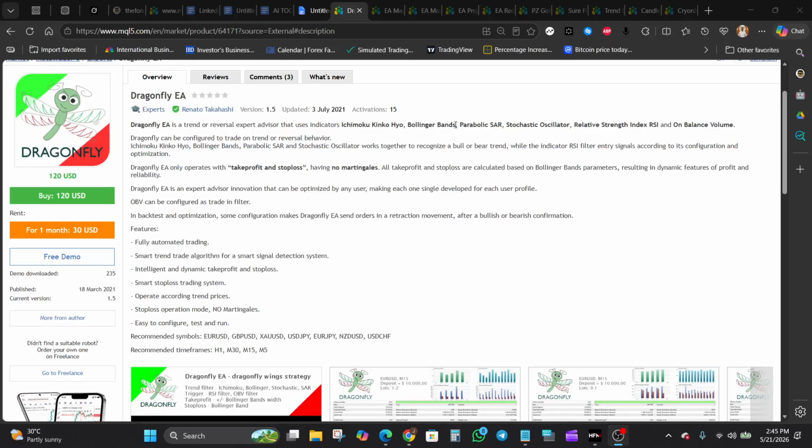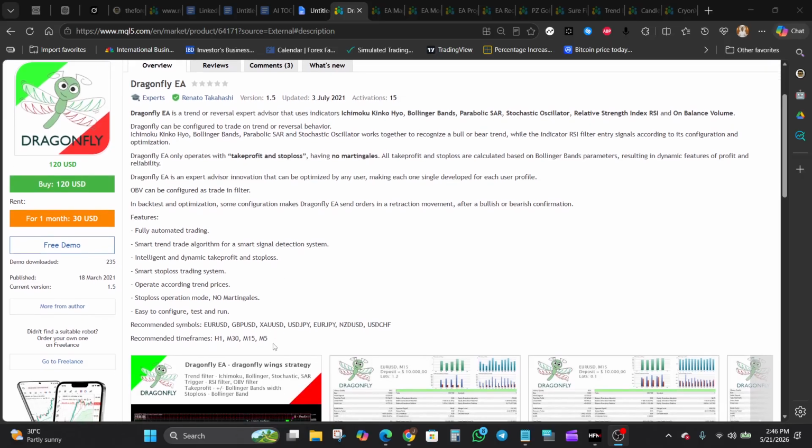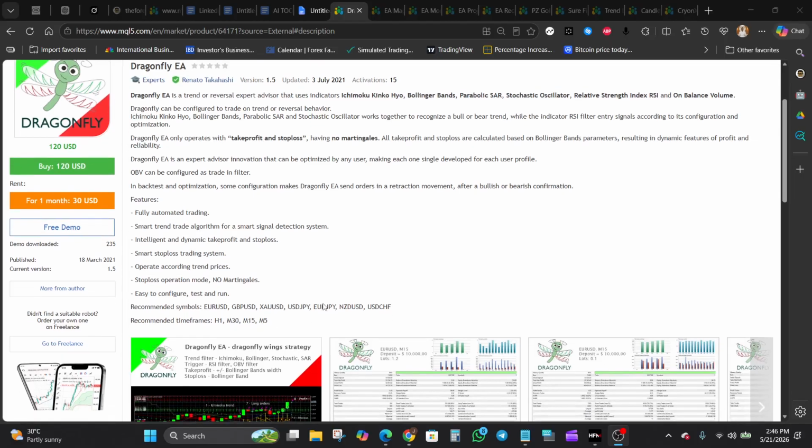Another thing worth mentioning is that the EA operates strictly with take profit and stop loss levels, and the developer specifically states that there is no martingale system involved here, which some traders will definitely appreciate from a risk management perspective. Now, the take profit and stop loss levels are also described as dynamic because they're calculated using Bollinger Bands parameters. So instead of using completely fixed targets, the EA adapts based on market conditions and volatility.